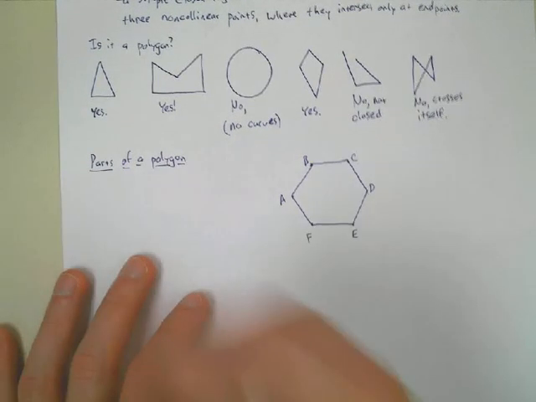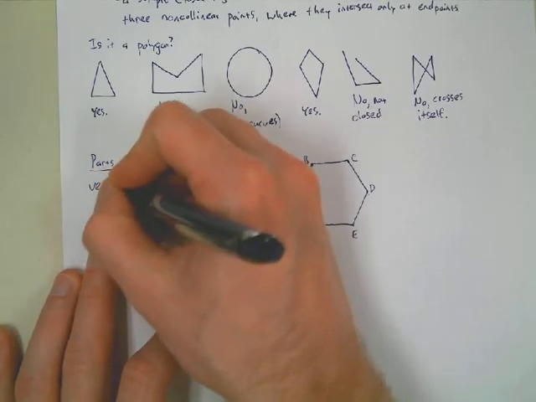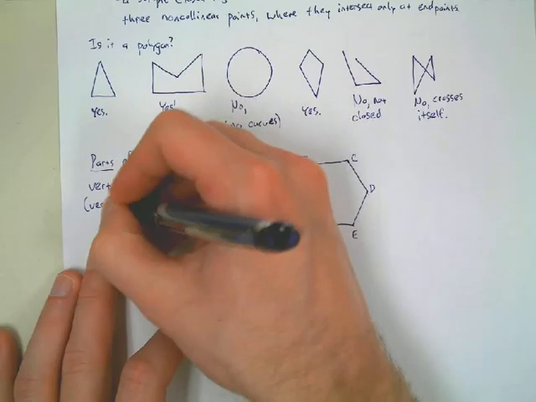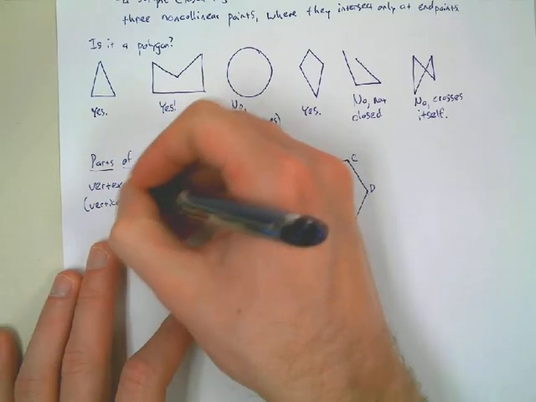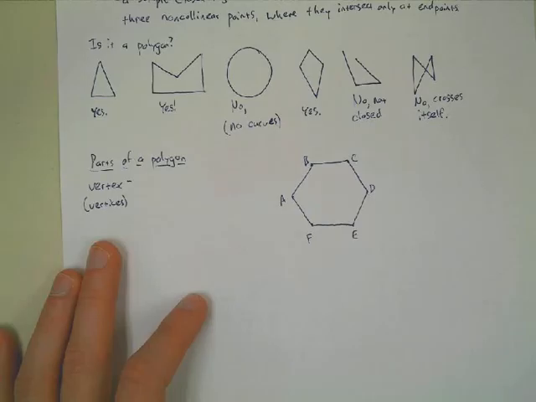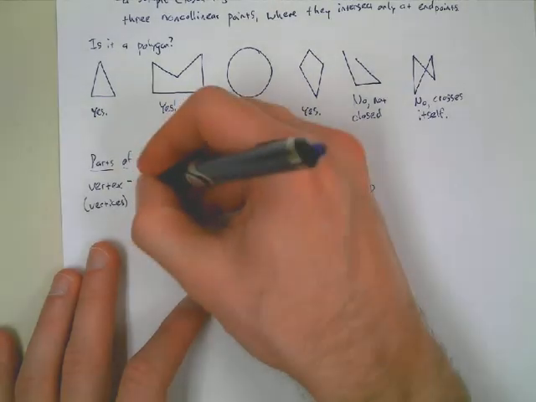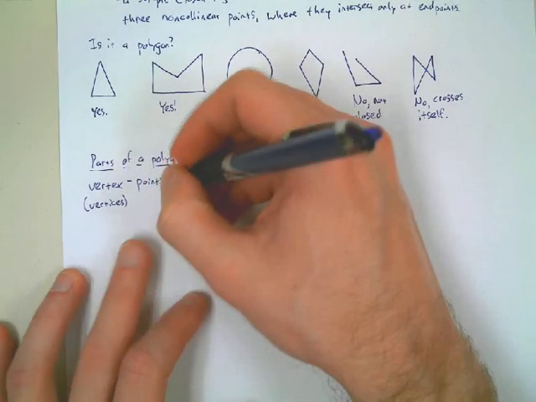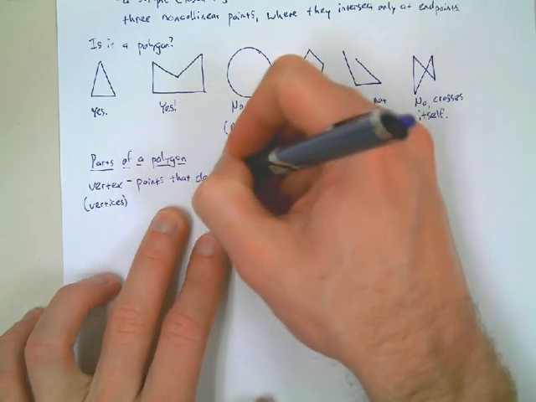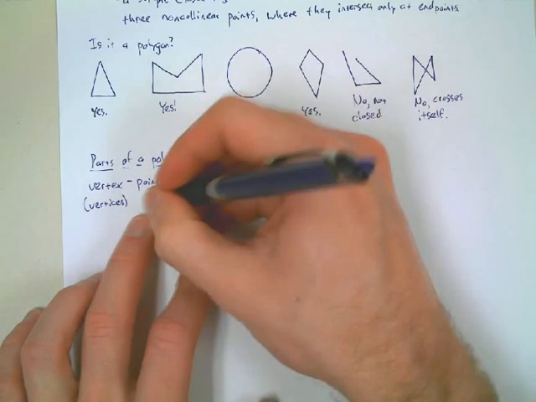One thing that we talk about sometimes is a vertex, or the plural is vertices. So a vertex, or vertices, are points that determine the polygon.